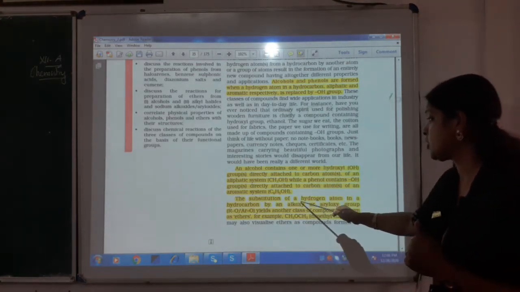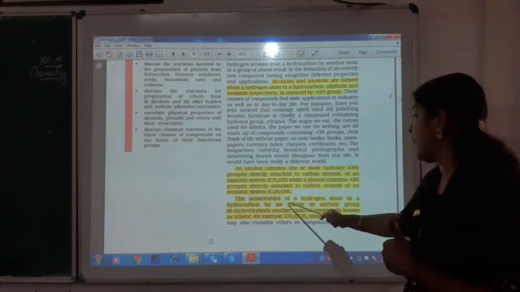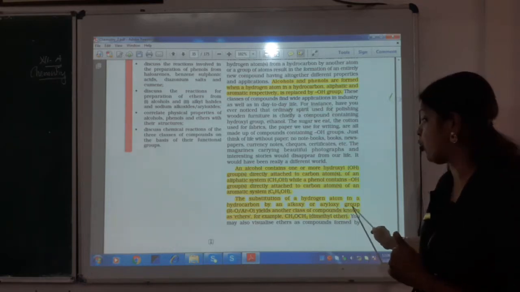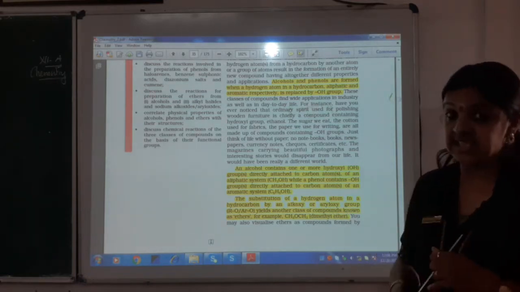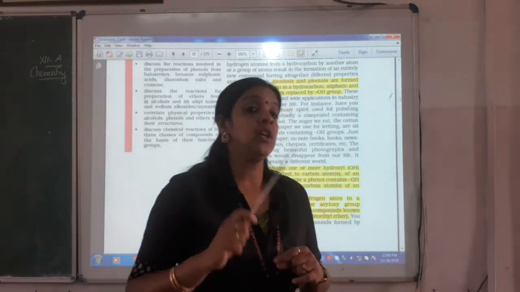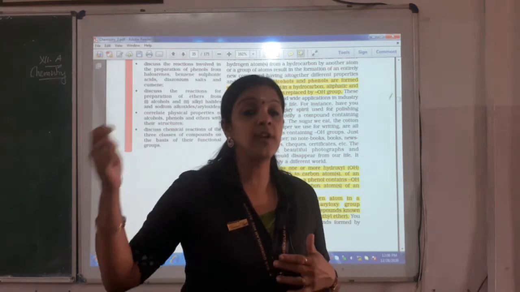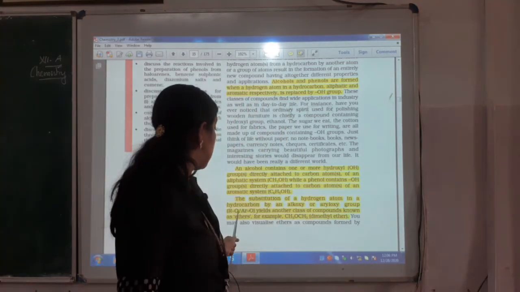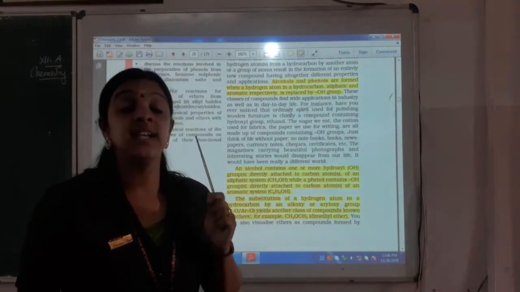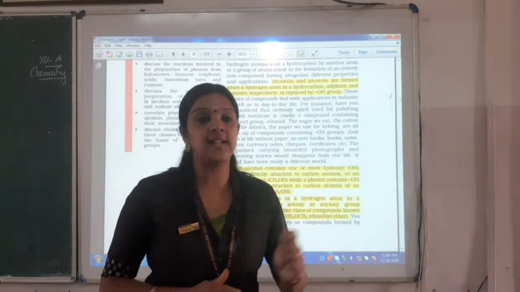Now, when a hydrogen atom is replaced by an alkoxy group or aryloxy group, you call it ethers. You remember, children, CH4, or when I say CH3, one of the hydrogens is replaced by an OR or O-aromatic group, you call it an ether, or you also call it an alkoxy alkane.